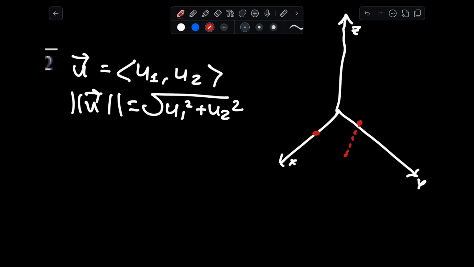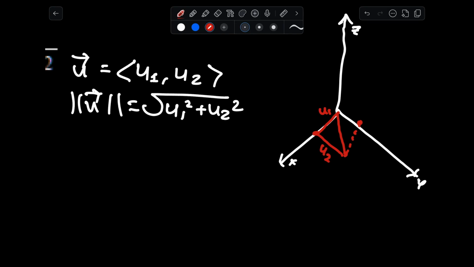We're going to make 2 right triangles actually. The first right triangle you're going to see is one right here with your u1 and your u2 components. So you want to solve for the hypotenuse of that. We just get that from right there.